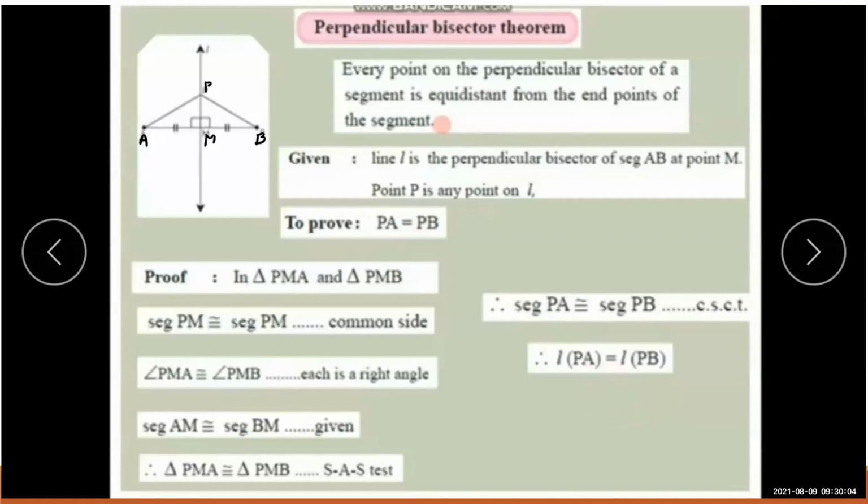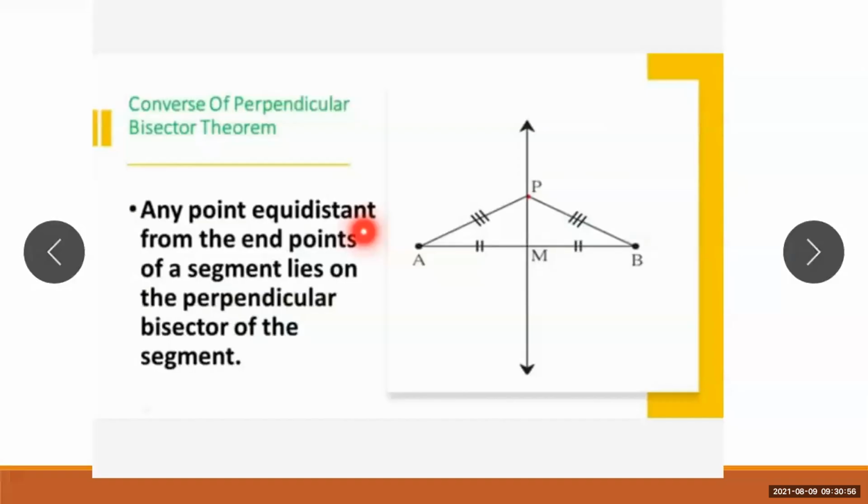That we proved here, that every point on a perpendicular bisector of a segment is equidistant from the endpoints of the segment.